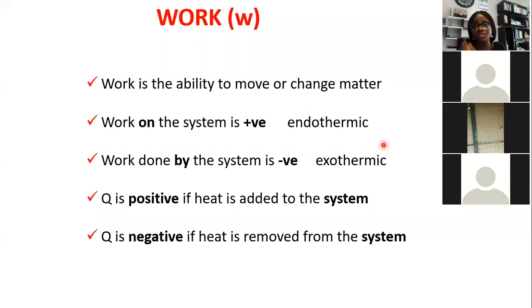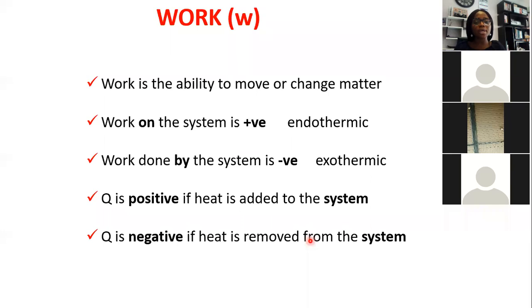Then in terms of heat too, when Q is positive, I think this is where endothermic and exothermic is supposed to come in, not the second and third bullet. The second and third bullet shouldn't have endothermic or exothermic. It's supposed to move to the third and fourth bullet. Sorry for that.